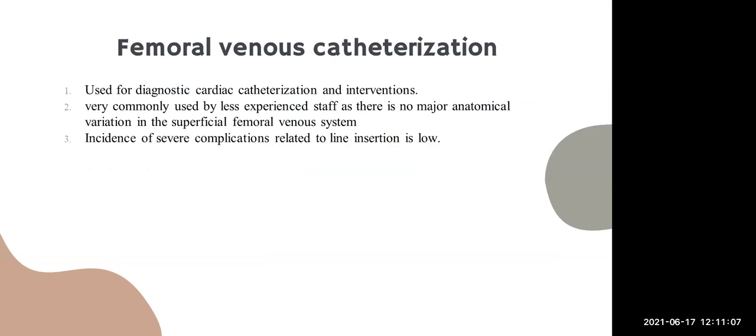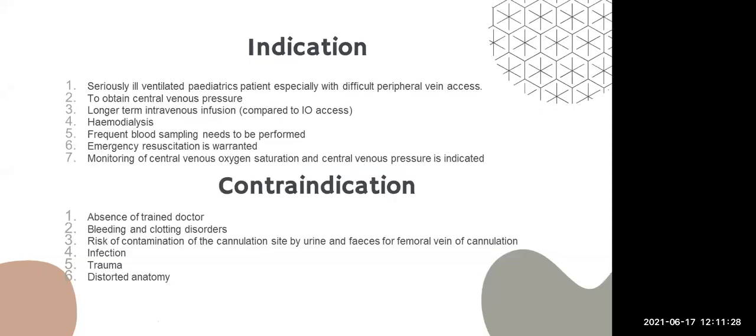Femoral venous catheterization is used for diagnostic cardiac catheterization and intervention, and it is very commonly used by less experienced staff, especially as there is no major anatomical variation in the superficial femoral venous system, and the incidence of severe complications related to line insertion is low.